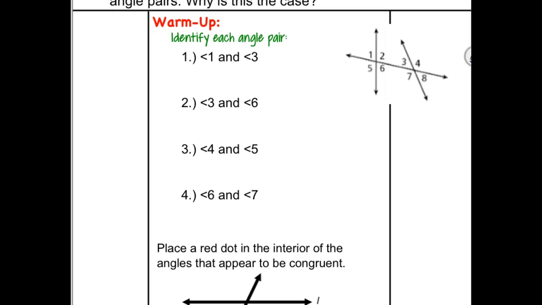Angle 1 and angle 3, those are what we call corresponding angles. Angles 3 and 6 are what we call alternate interior angles.